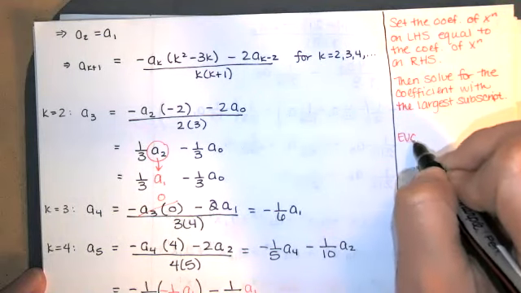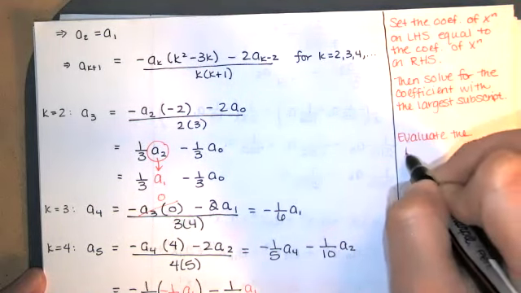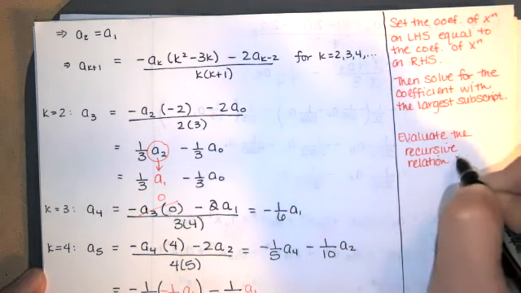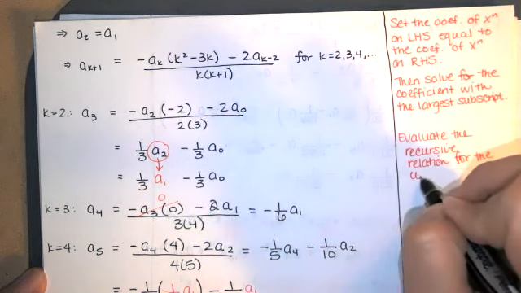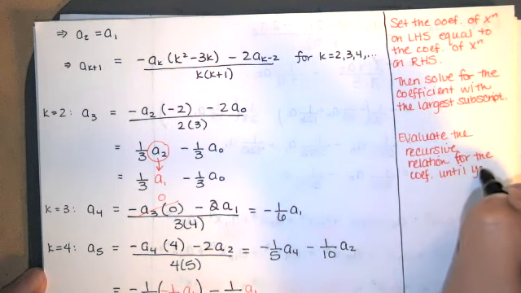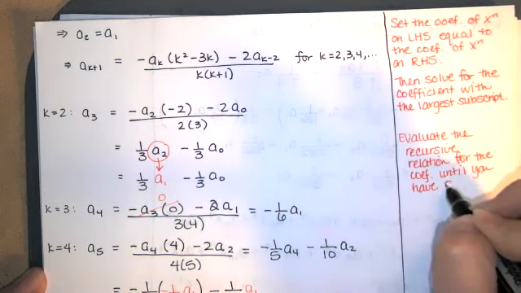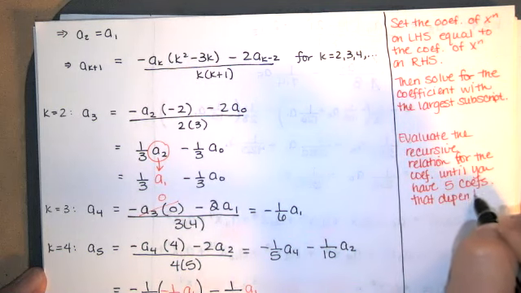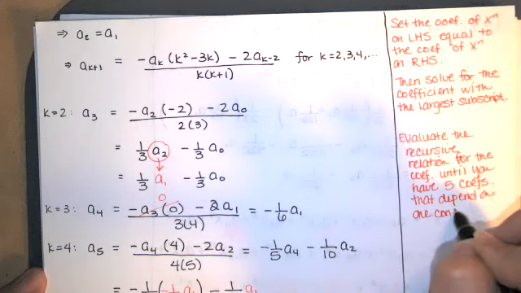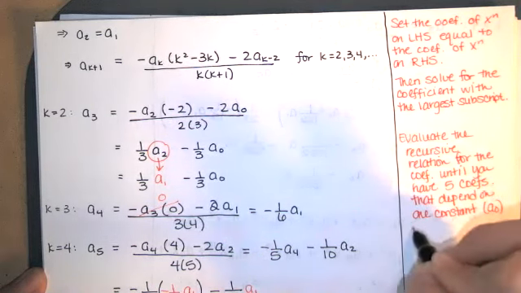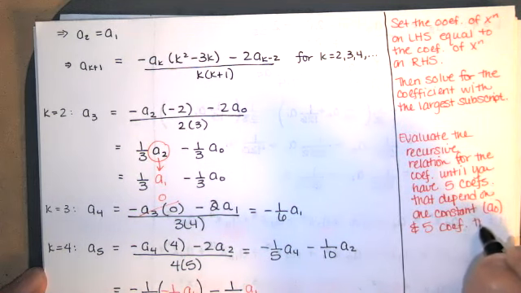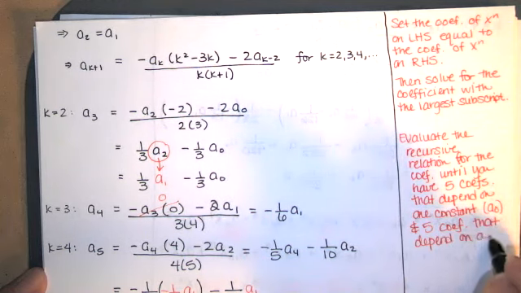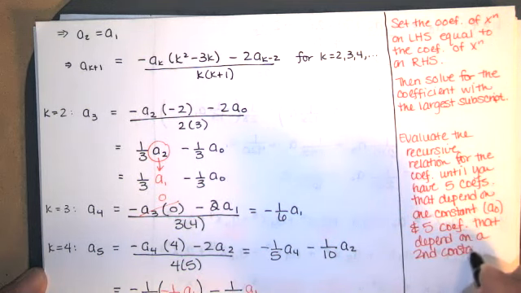So I'll say: evaluate the recursive relation for the coefficients until you have 5 coefficients that depend on one constant, in this case a sub 0, and 5 coefficients that depend on the second constant. In this case, that was a sub 1.